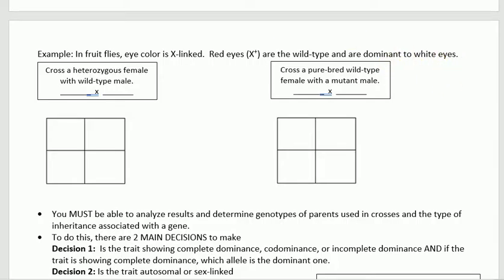So let's write those down here. We're going to cross a heterozygous female with a wild type male. So we have heterozygous, X^+ X^-, with a male wild type, so that's X^+ Y. And we're going to cross that.